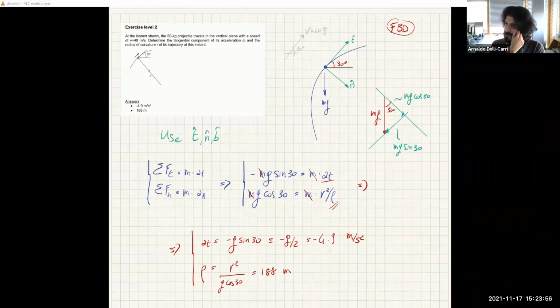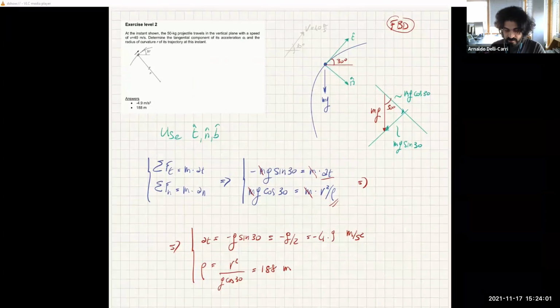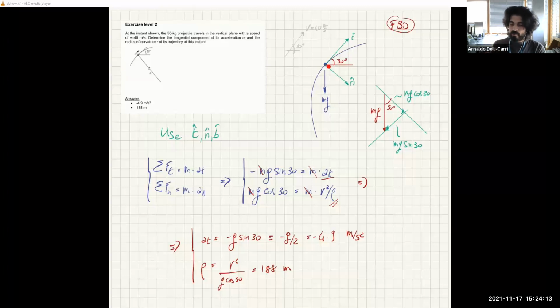Nabu is asking, if I don't put the minus, would I be wrong? Yes, because this has a meaning. The tangential acceleration being negative means that the bullet is decelerating. So it has quite a strong meaning. You will not lose all your marks, but you would be wrong.